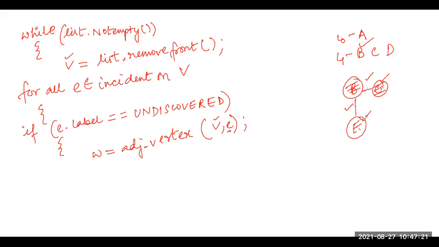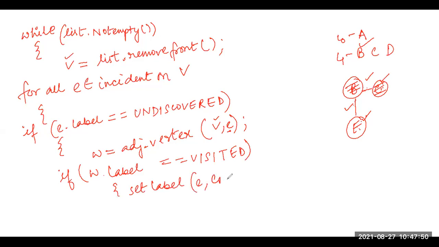And we were checking what? If this vertex is a visited one or an unvisited one. So under this, if the label of the vertex is a visited one, we set the label of the edge to be a cross edge. Fine.